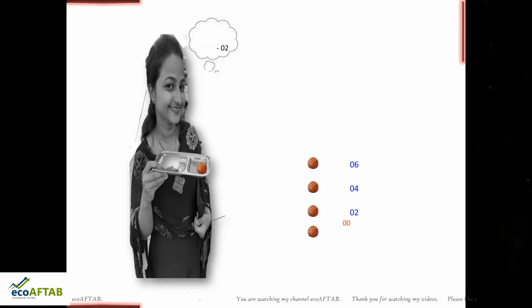If you look at the screen, as I said, from the first unit of gulab jamun, the utility that she is getting is 6 utils. From the second unit, the utility is 4 utils. From the third unit, she is getting 2 utils. From the fourth unit, you can see she is getting no satisfaction, 0 utility.